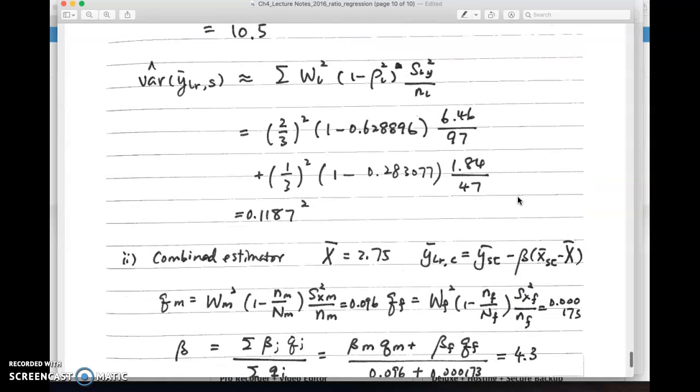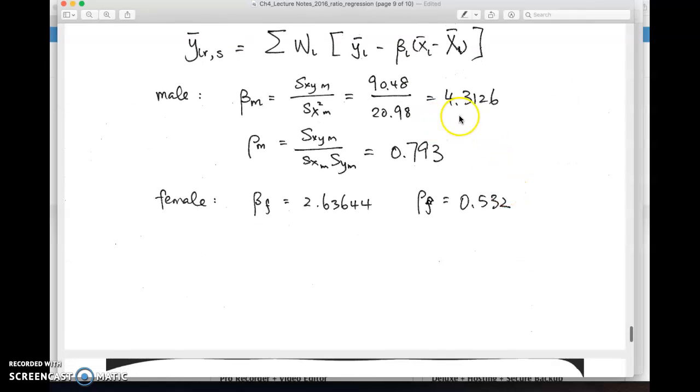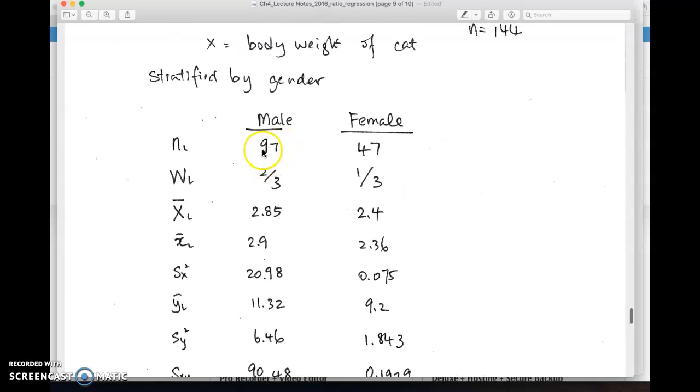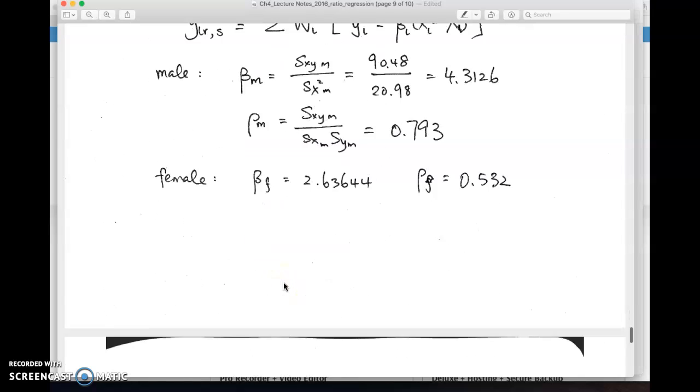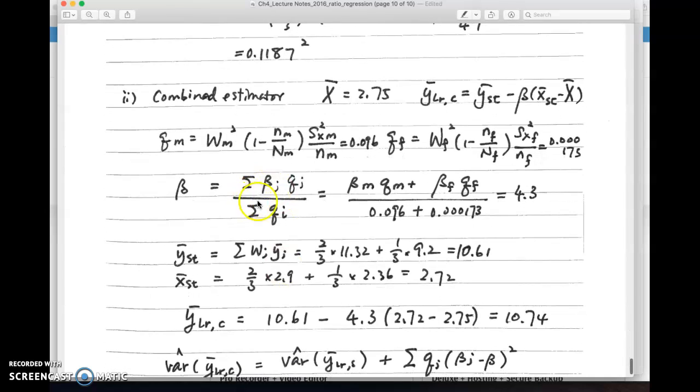So we can quickly compare the betas. Beta M is 4.31. Beta female is 2.63. Because of the higher weighting for the male group, given the sample sizes and the variance, we would have a higher weight for the beta towards the male group.